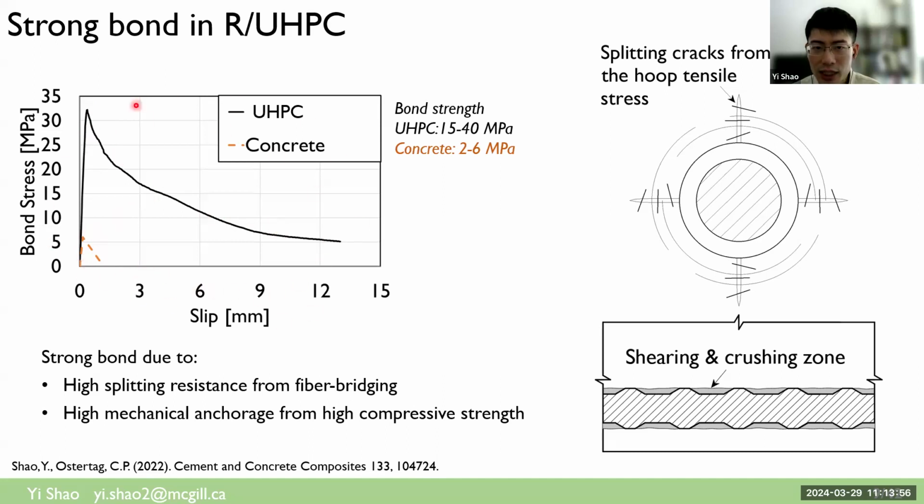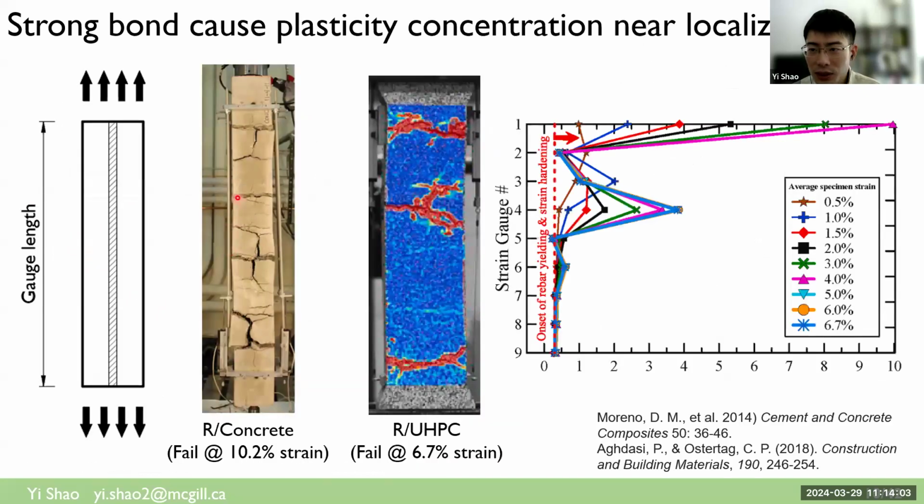So UHPC shows very superior bonding with steel rebar. And then what will happen if we are looking at the flexural tension behavior of steel rebar reinforced cementitious matrix. So we are showing a direct tension test of a cementitious matrix with steel rebar in the middle.